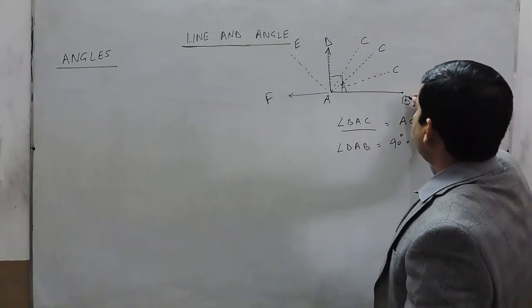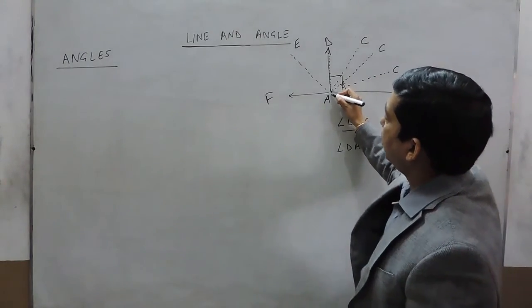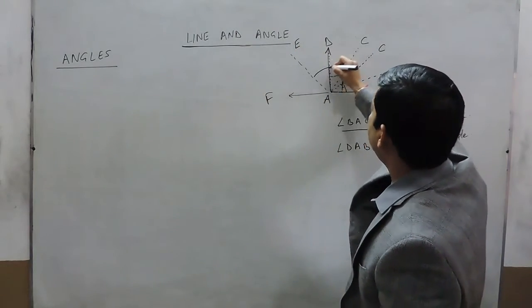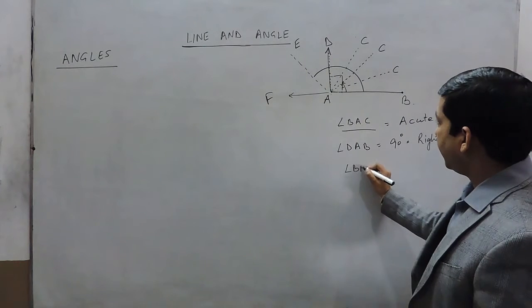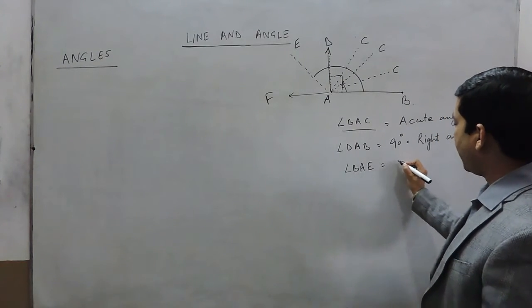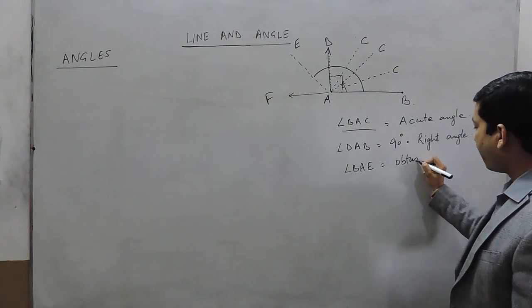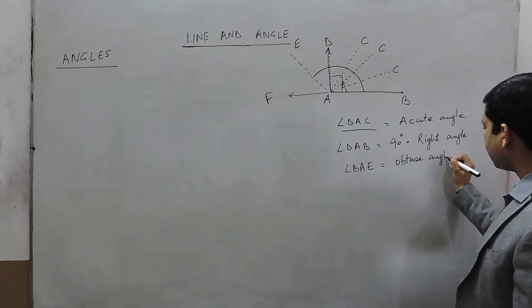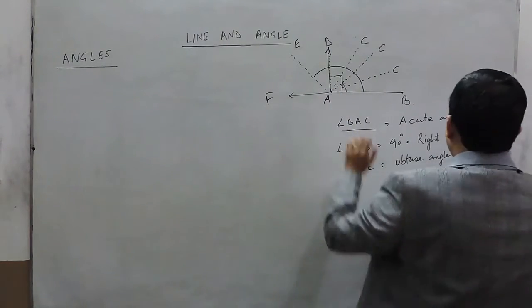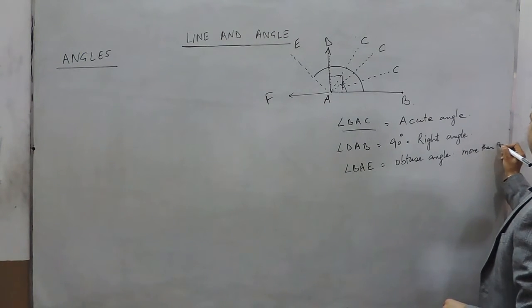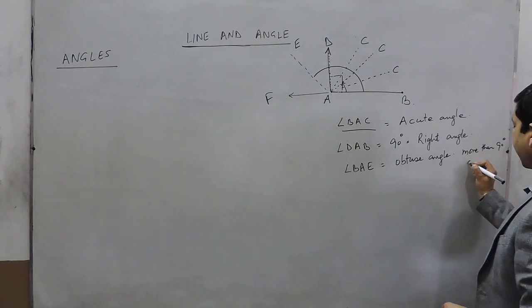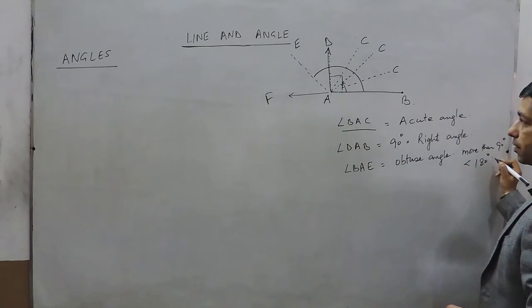So from BA towards E we have this angle, and angle BAE is known as an obtuse angle, and this angle is more than 90 degrees while less than 180 degrees.